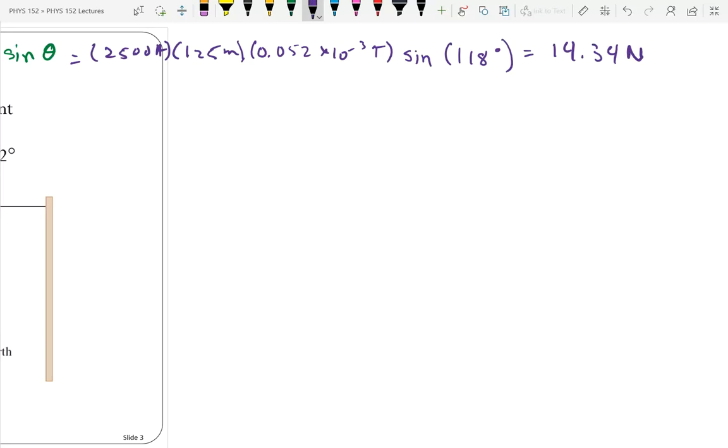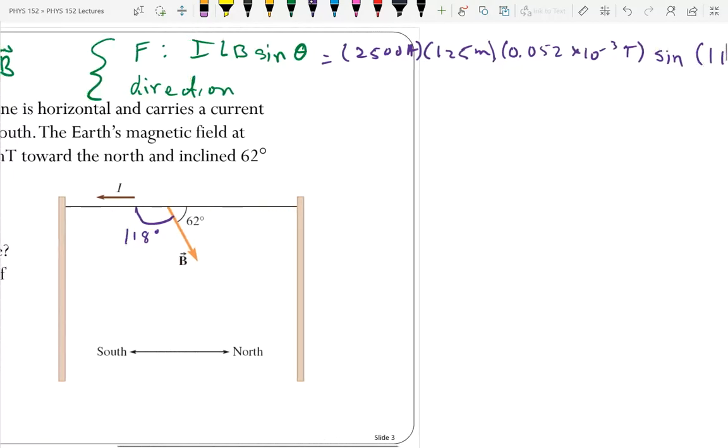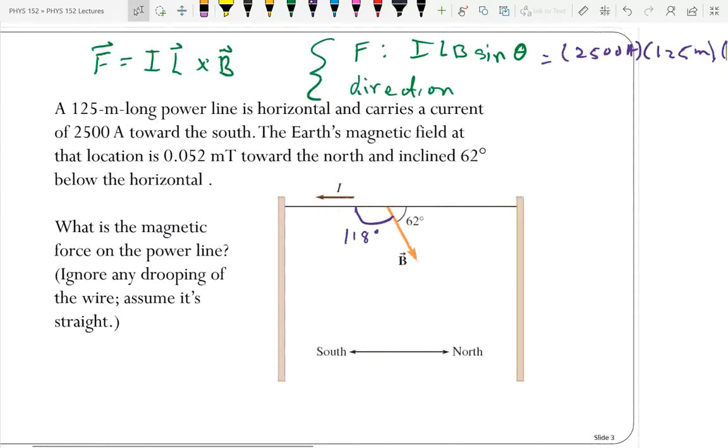How many significant digits do I have in that answer? Just 2. So 14 newtons. Now for the direction. How do I find the direction of the force? And this time I'll go to James because I've done Michaela and Brandon. James, how do I find the direction of this force?